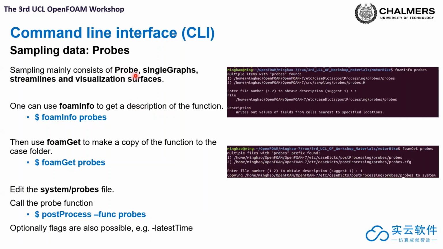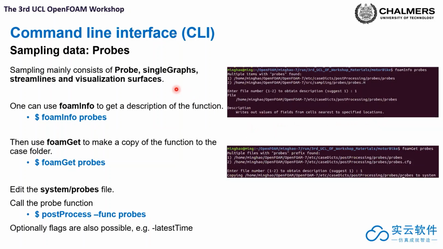If we take probes as the first step, then one can always use foamInfo to get a description of the function. So in this case, if I use foamInfo probes, here it shows a description: write out values of fields from cells nearest to specific locations.